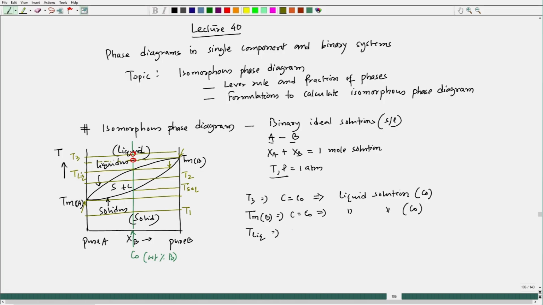So, we will see at T naught, C equal to C naught, at liquidus, T equal to liquidus, we will get solid solution of composition, let me say that composition is CS1, plus liquid solution of composition C naught.